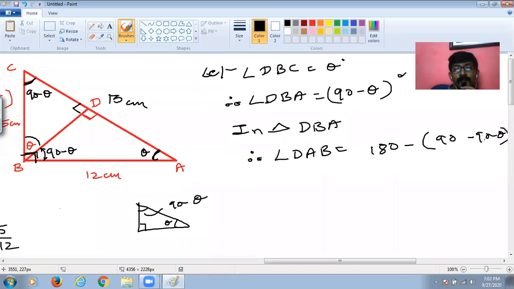Okay, so this is minus, so this will become plus, isn't it? So it will become 180 minus 90 plus, and minus of plus will become minus theta.